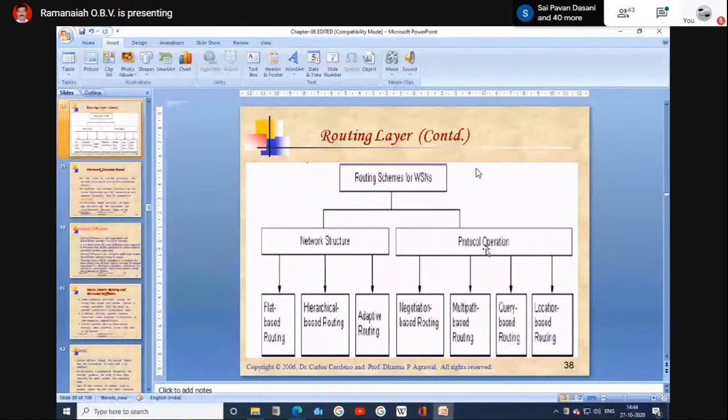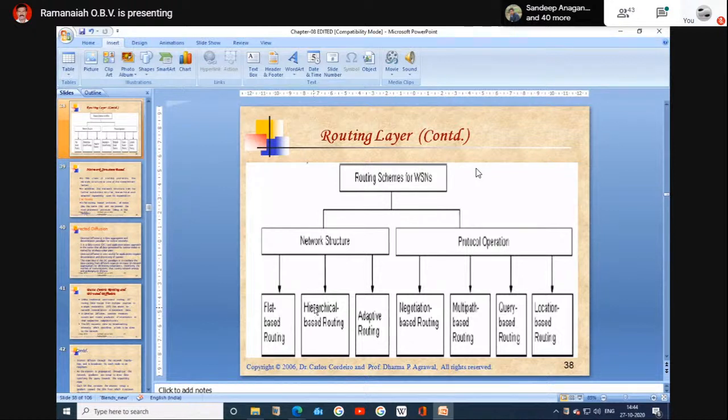The first one is network structure. Structure, I am saying, not the topology. Network structure: for communication, what structuring is done, right? Based on that, this classification has come: flat, where there is no hierarchy, non-hierarchical, flat-based. Then hierarchy-based. I have said, right?